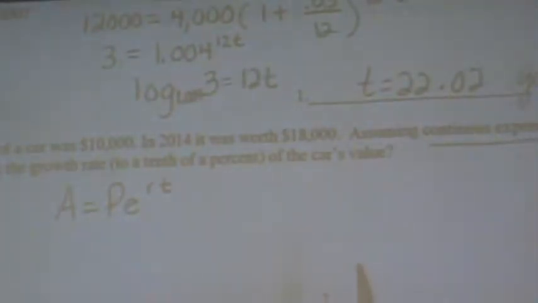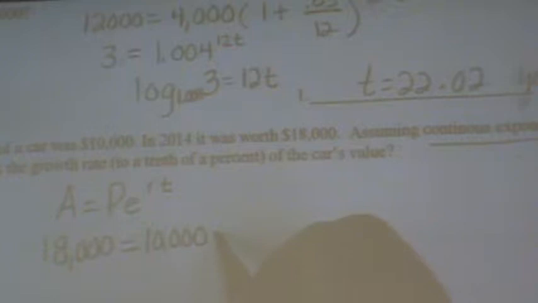So the car starts off worth 10,000. At the end, it's worth 18,000. And then the rate, we don't know. We're trying to figure that out, so we'll call it R. And how many years go by from 1970 to 2014? It'd be 44 years.